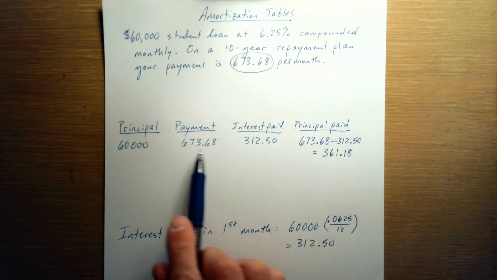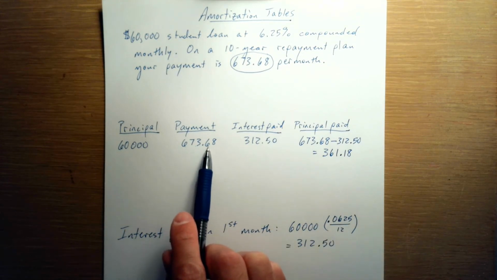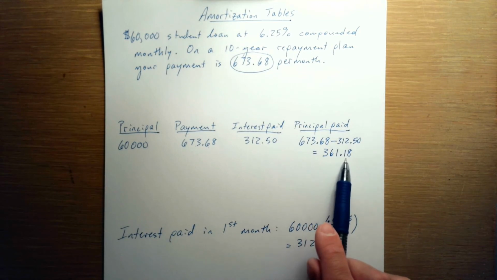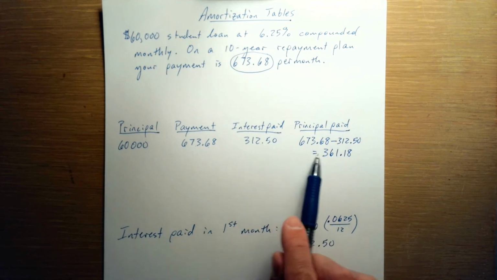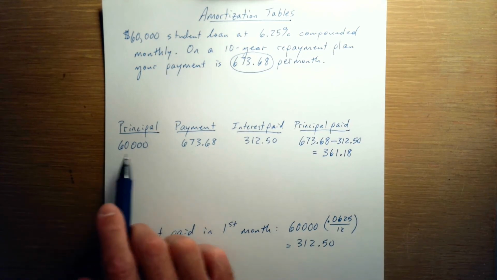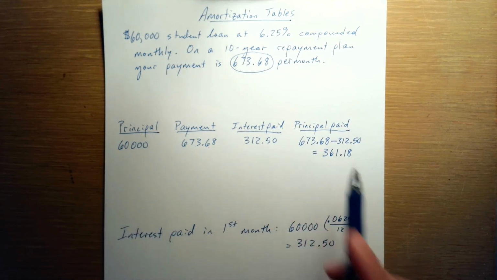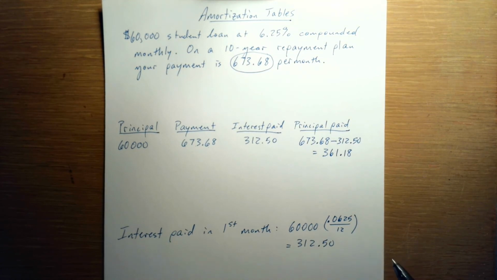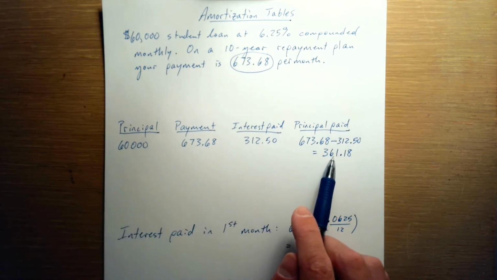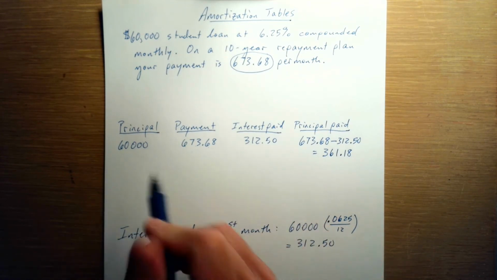Okay, so notice out of my payment, $673.68, $312.50 goes toward interest, and $361.18 goes toward principal. And these two numbers should add up to $673.68. So that's the first row. That's how much interest and principal get paid in the first month. Now for the second month, my principal has been reduced, because remember, some of my payment has gone towards principal.